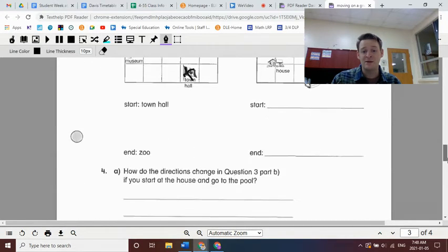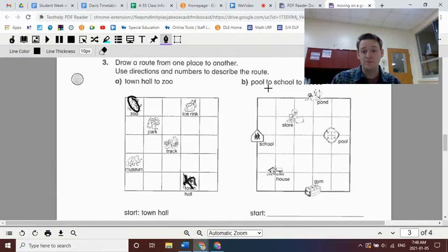And down here, you're starting at the pool. You're going to school. And you're ending at the house. Where's the house? Here it is. Okay.